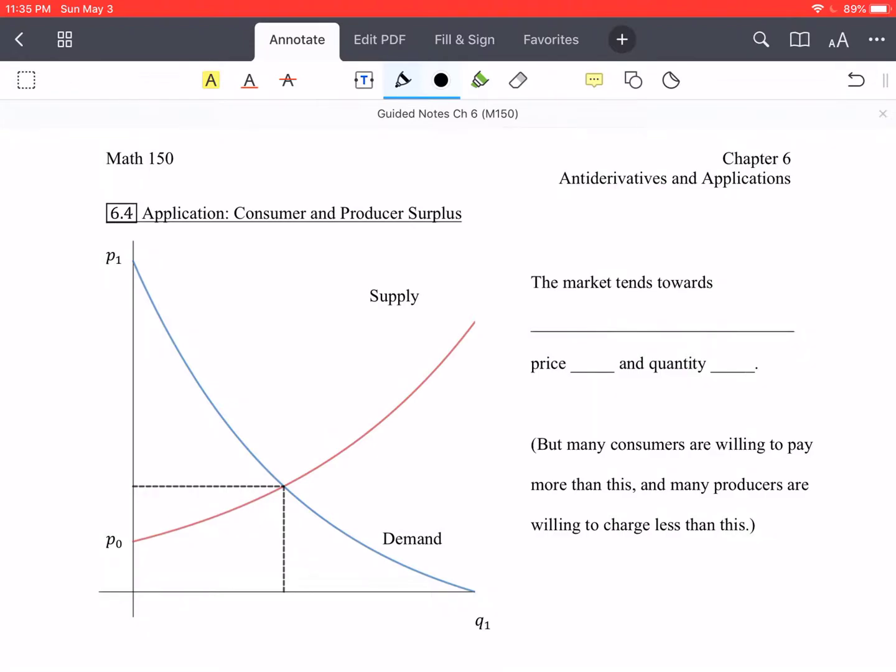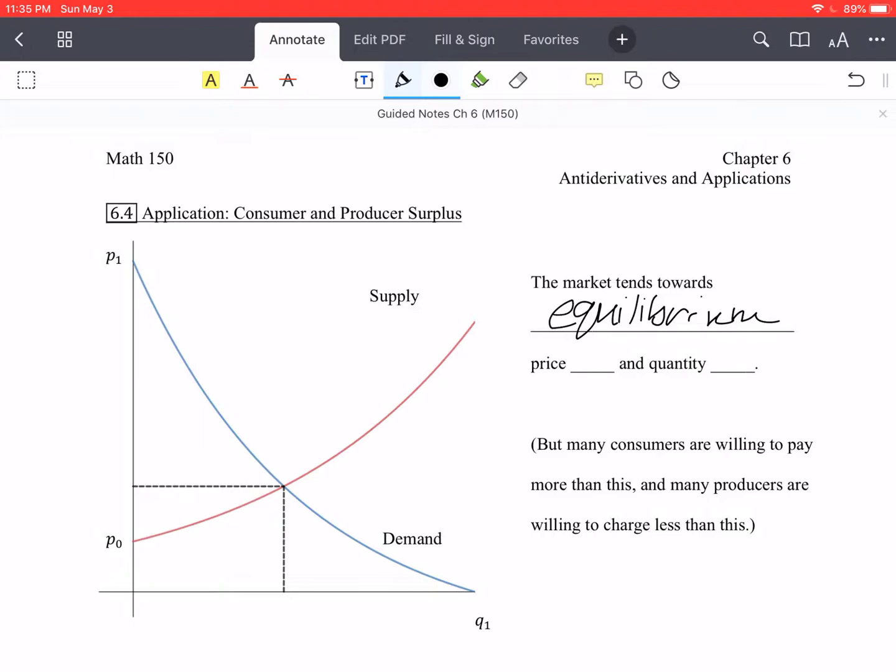So the market is a very self-sustaining thing. So if left to its own devices, the market tends towards what we call equilibrium. So equilibrium price and quantity.